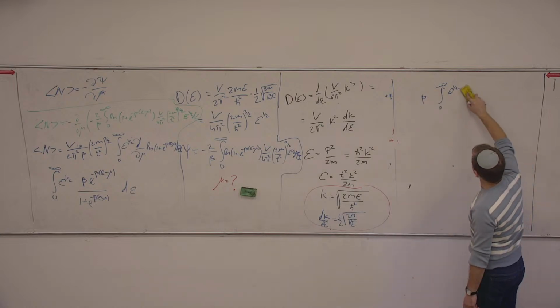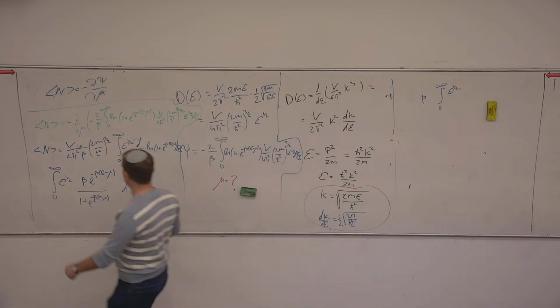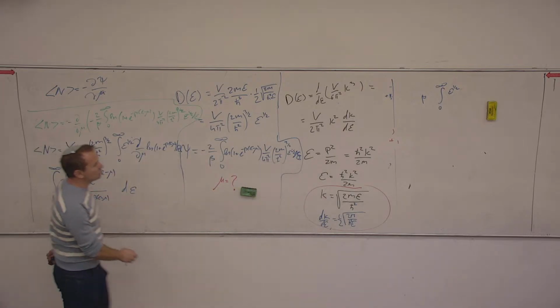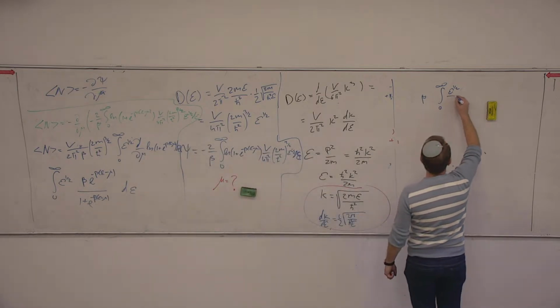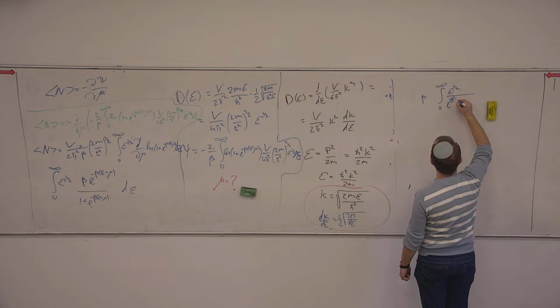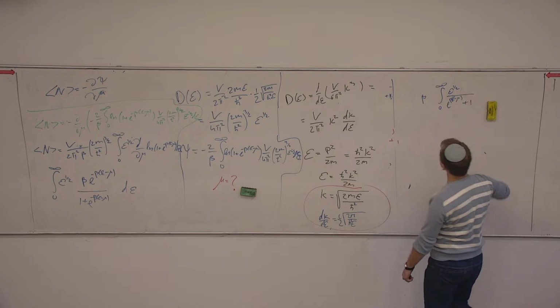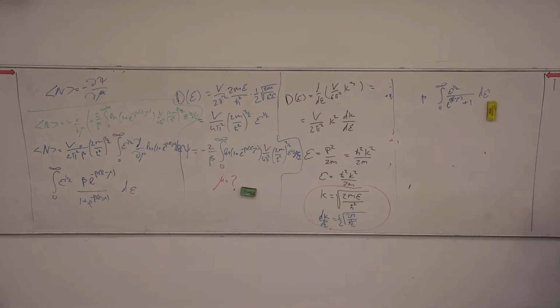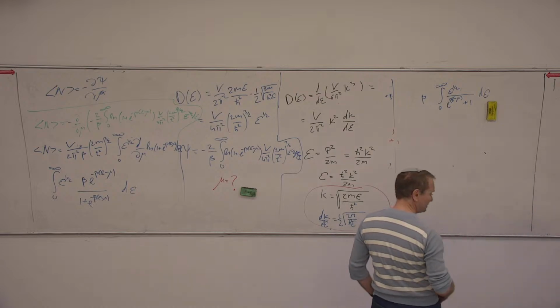Now we can push this epsilon minus mu downwards, so we have e to the power beta times epsilon minus mu, plus 1, d epsilon. Okay, so this is still a nasty integral.